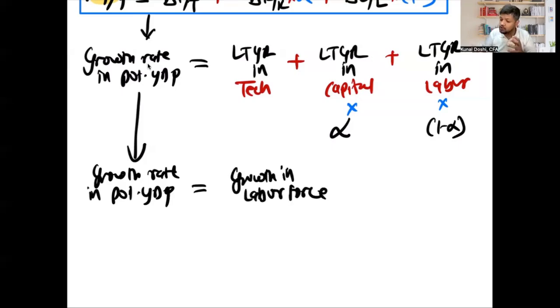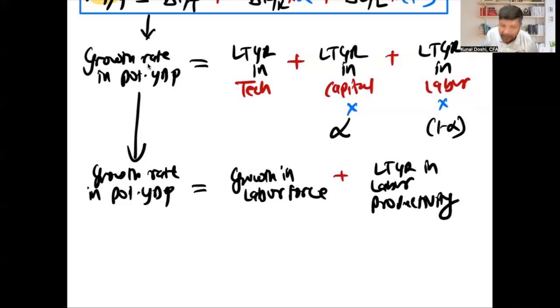We will discuss that also. Plus the growth in labor productivity, the long-term growth rate in labor productivity. All this is long-term, by the way. I should rather write it as the long-term growth rate in labor force and labor productivity.